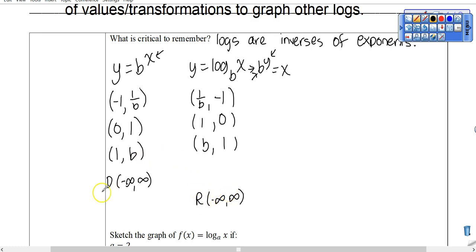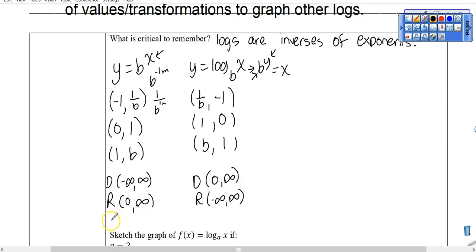So let's go back to the exponential. What's my range restriction? We always draw a horizontal asymptote here. 0 to infinity, because it doesn't matter what exponent I plug in. If I plug in b to the -1 million, that's 1 over b to the 1 million, which is tiny, but it's positive, and it's not 0. So that's our range.